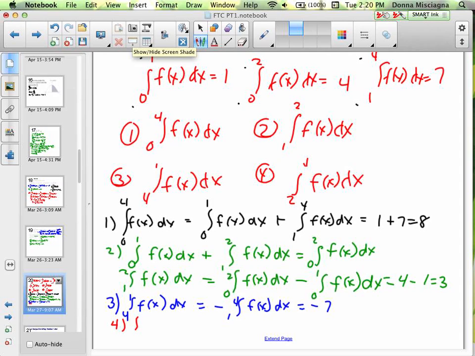So if we take 0 to 2 plus 2 to 4, no, excuse me, 0 to 1 plus 1 to 4. So 0 to 1, f of x dx, plus 1 to 4, f of x dx together equals, or not 1 to 4, excuse me, 2 to 4.